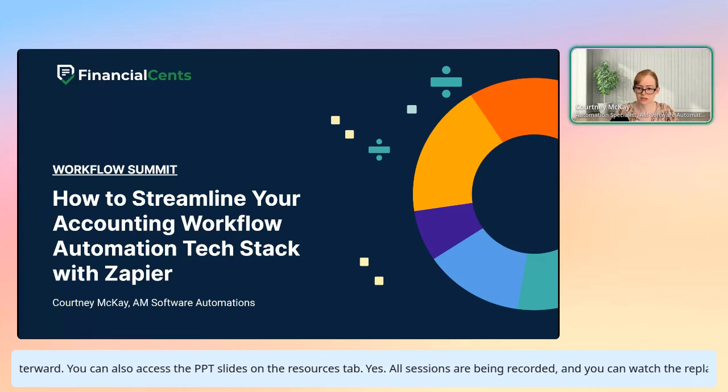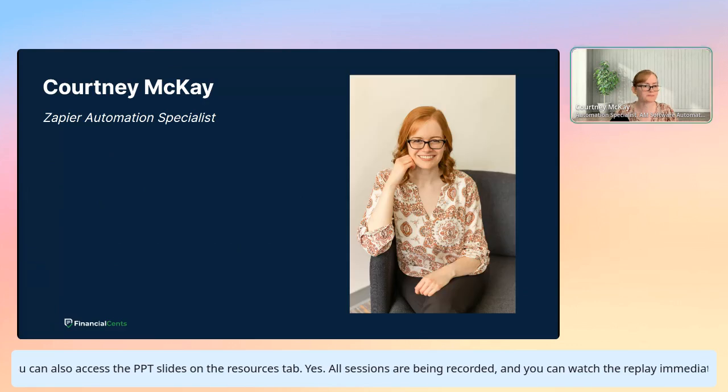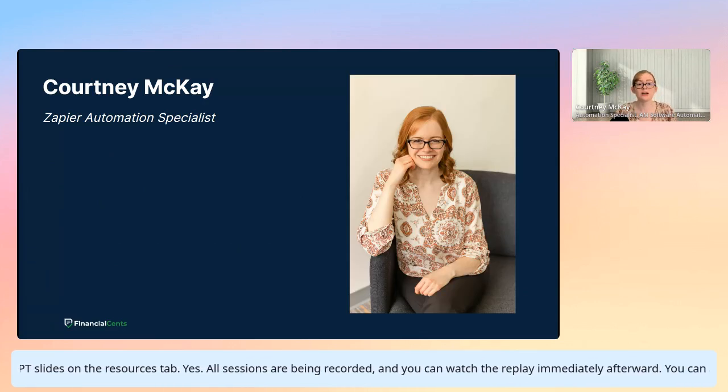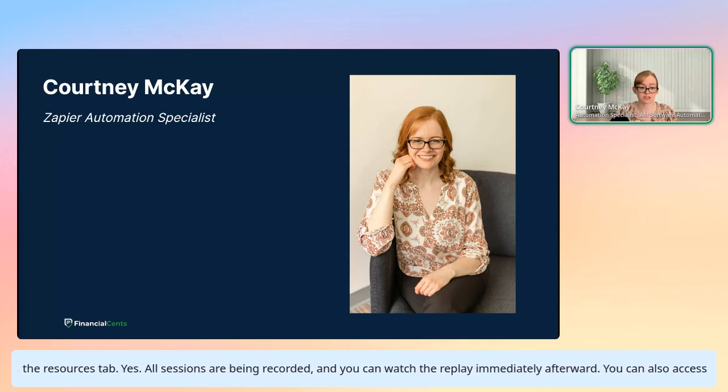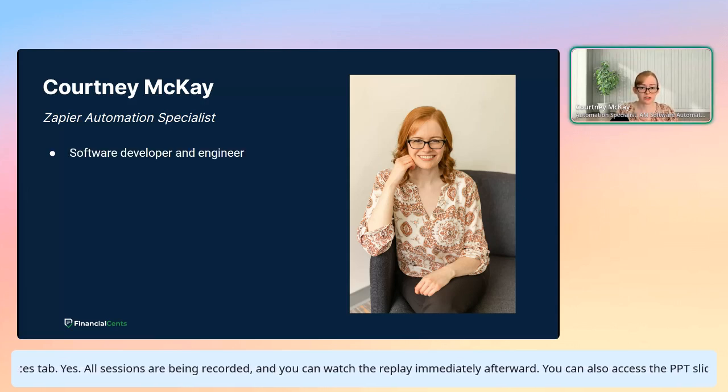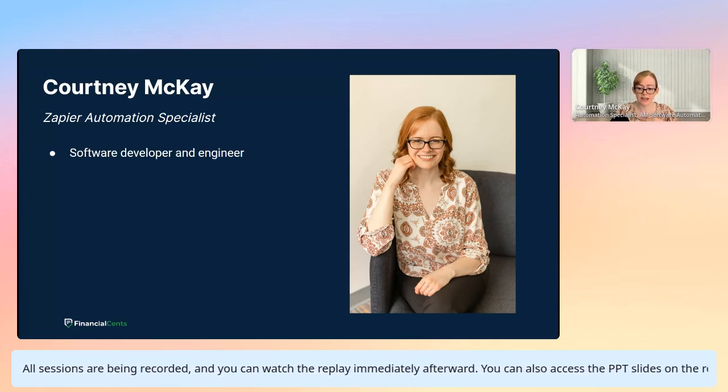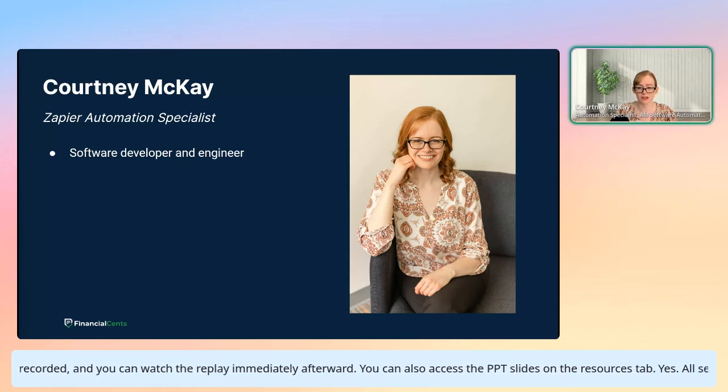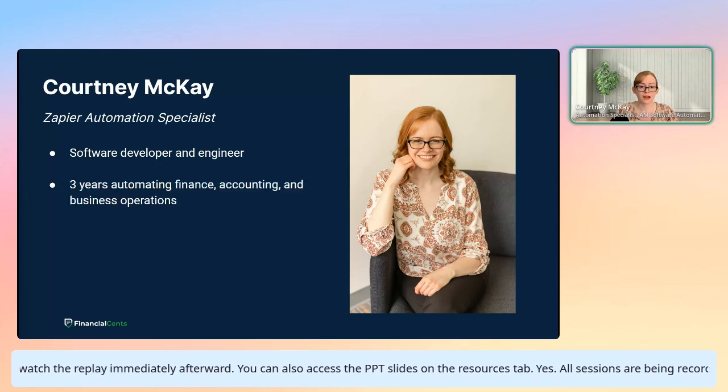So you can see my screen, hopefully. Let me give an introduction about who I am. I am a Zapier automation specialist. I've been a software developer and engineer for the last 8 years. I started out as a software engineer, and somewhere along the way I just fell in love with automation, specifically automating finance, accounting, and general business operations.